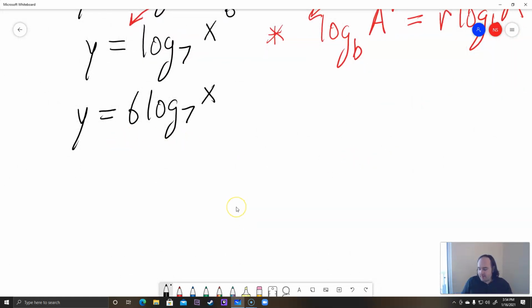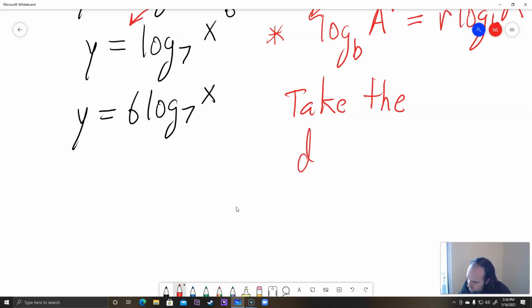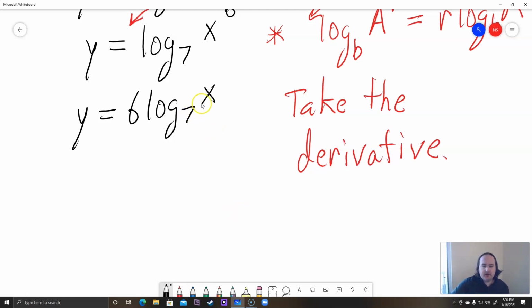Okay, so now I'm going to go ahead and find the derivative. Well, since 6 is a constant, this is very easy to take the derivative of. We don't have to use any chain rules or anything.